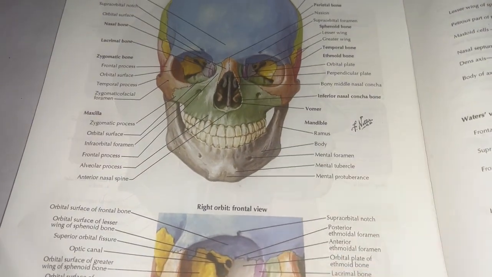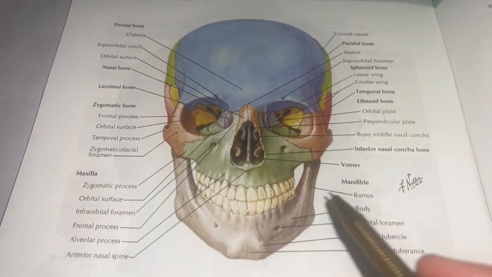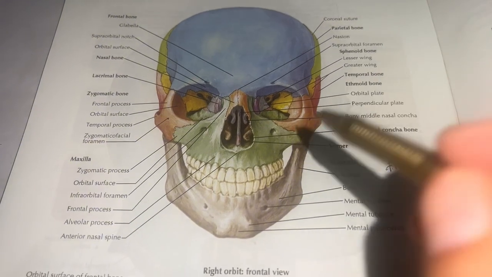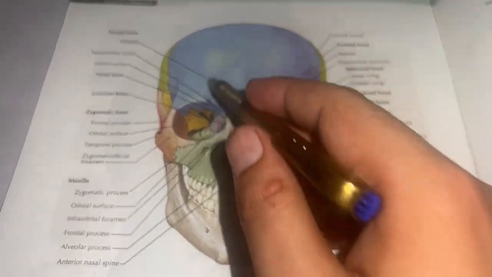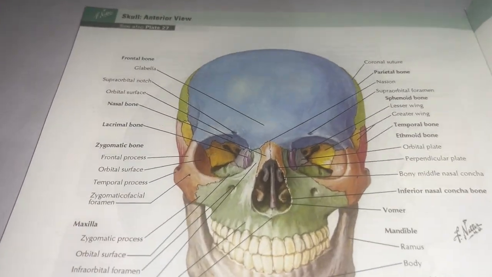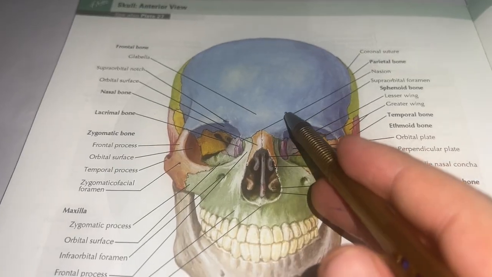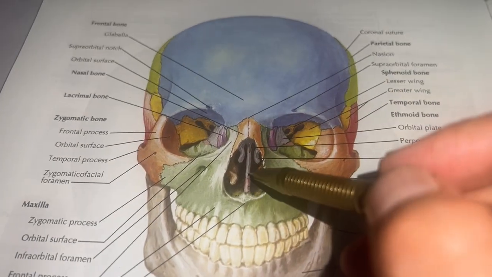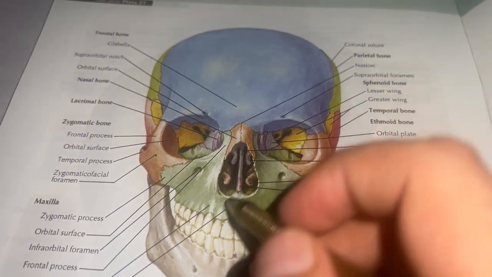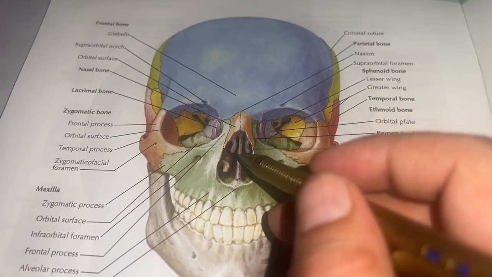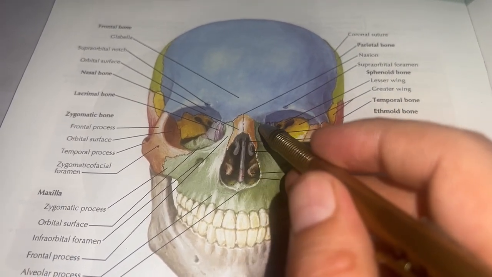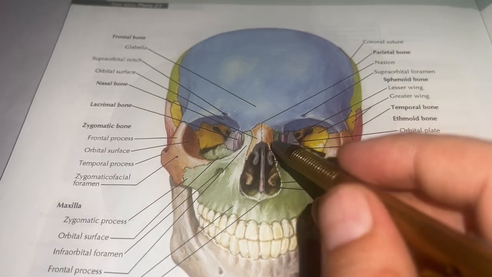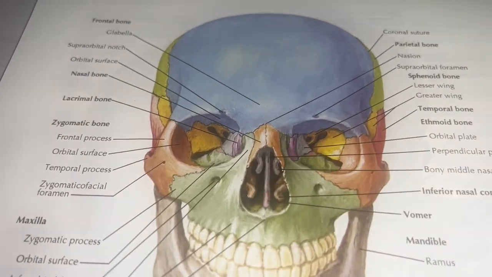So let's discuss the Norma Frontalis. First we will identify its bones. So this superior most bone is the frontal bone. Below the frontal bone and above the opening of the nose are the nasal bones. It's two in number, one on each side.